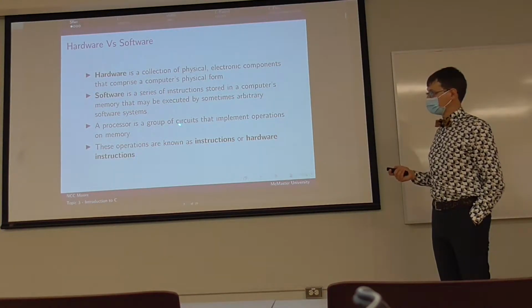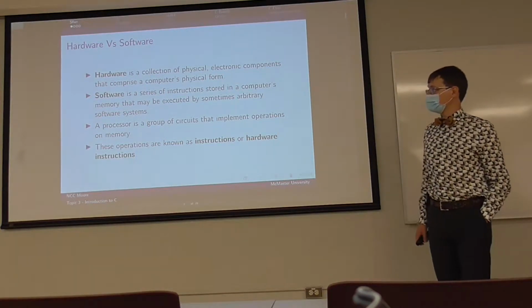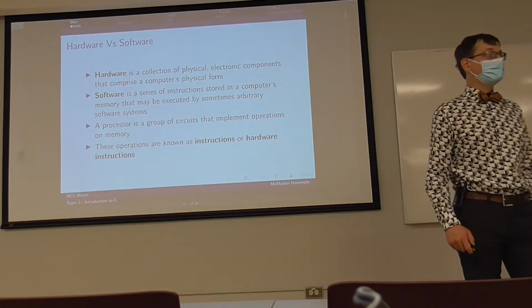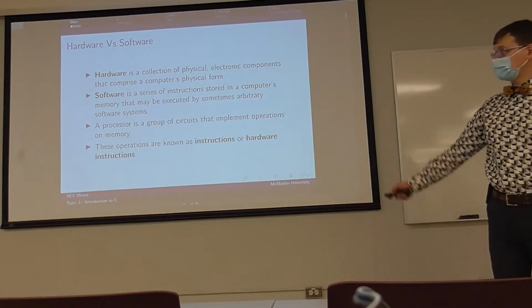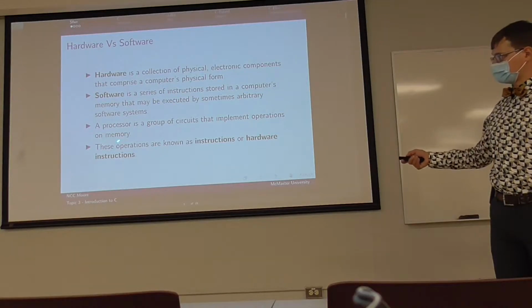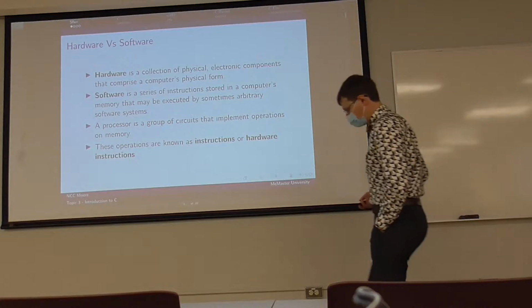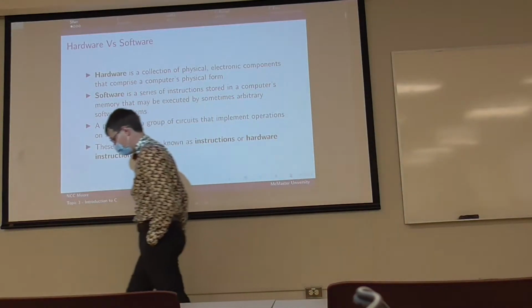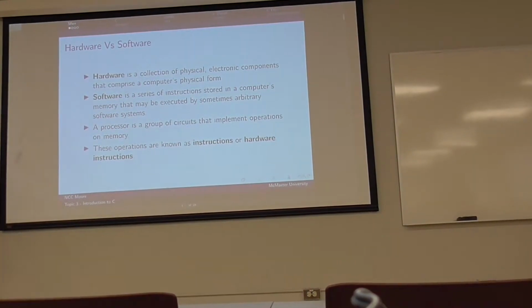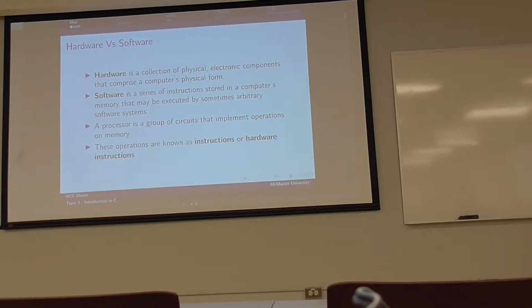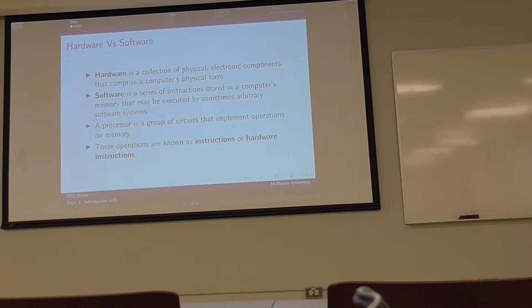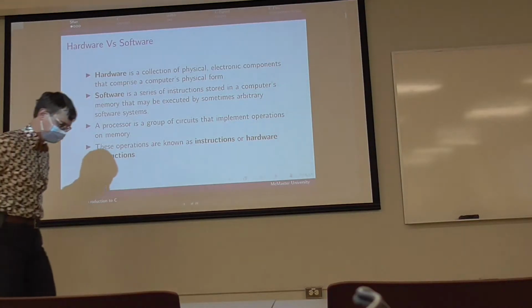A processor is a group of circuits that implement operations on memory, and these operations are known as instructions or hardware instructions. So, in general, a CPU is a series of circuits that perform arithmetic and logical operations on values stored in memory.